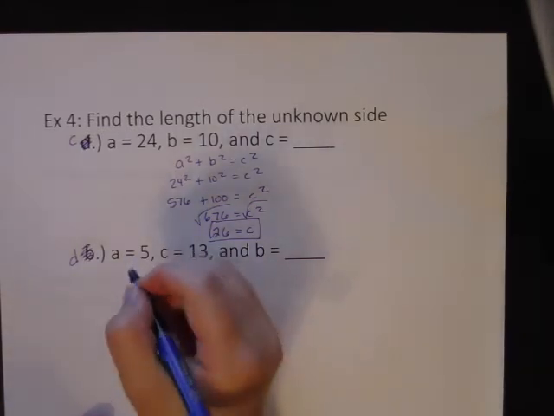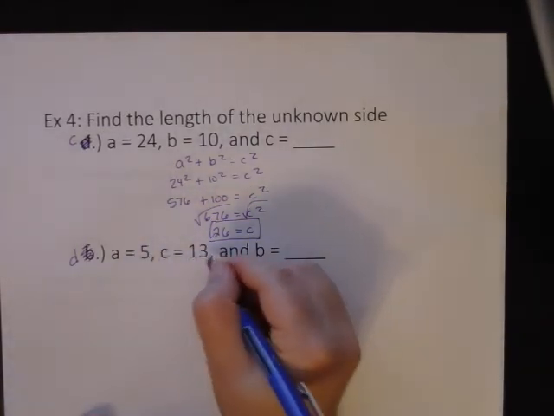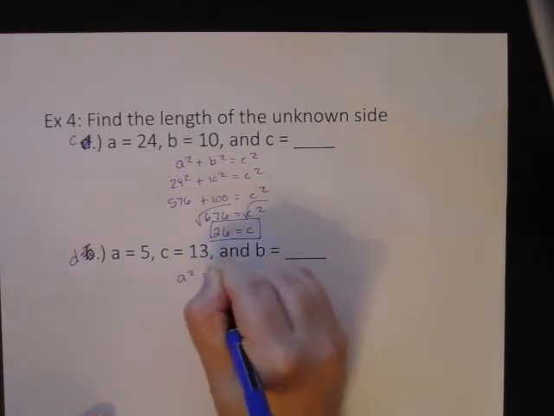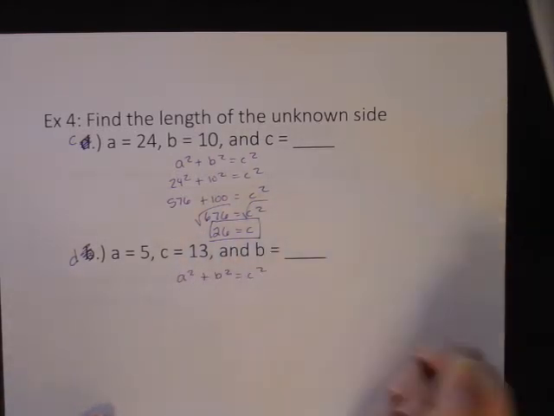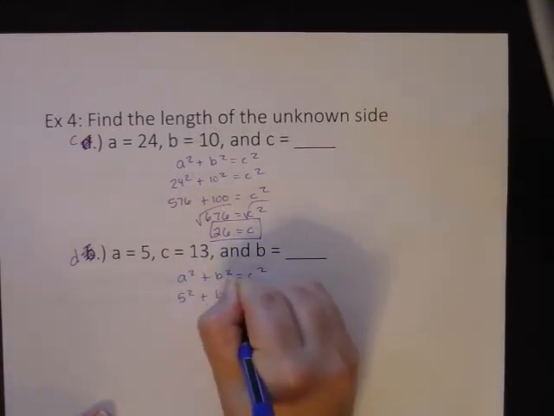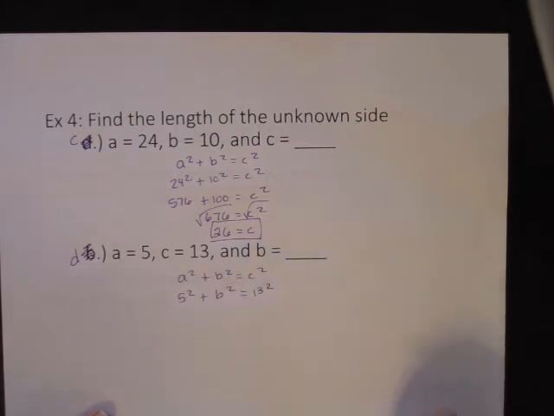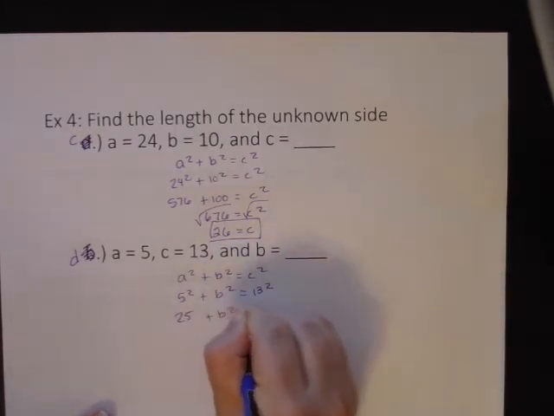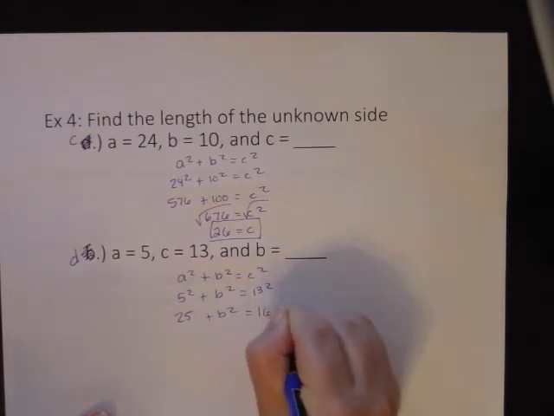Alright, now for my last one, I've got A equals 5, C equals 13, and B equals blank. First thing I want to do is write my formula. So A squared plus B squared equals C squared. I want to plug in what I know, so I got 5 squared plus B squared equals 13 squared. 5 squared is going to be 25 plus B squared equals 169.